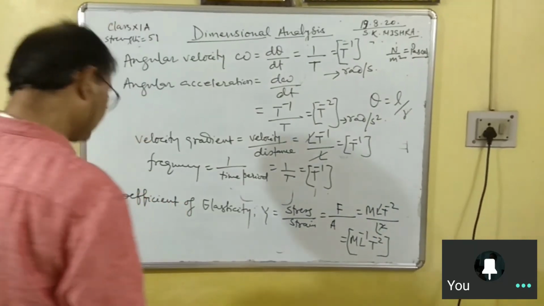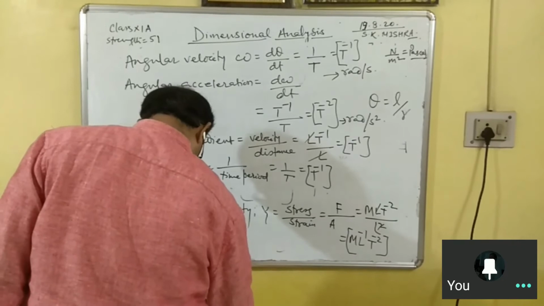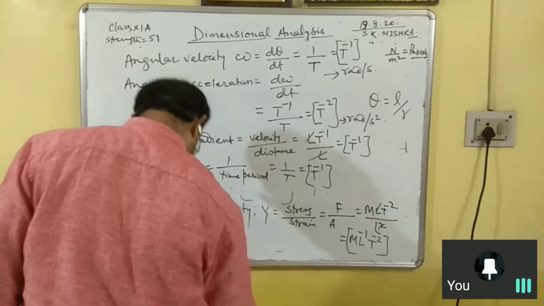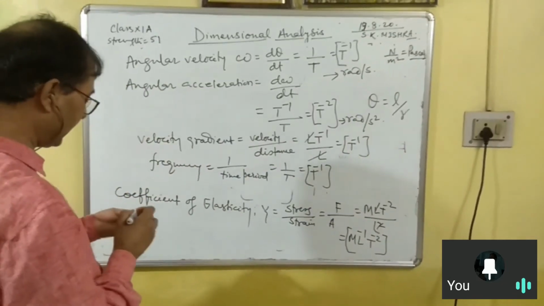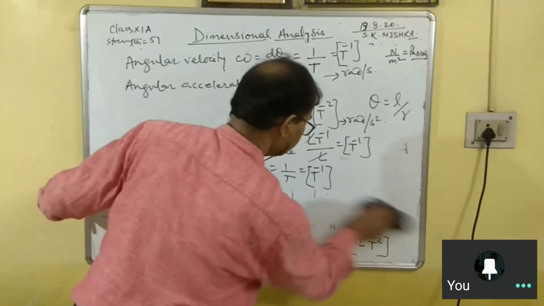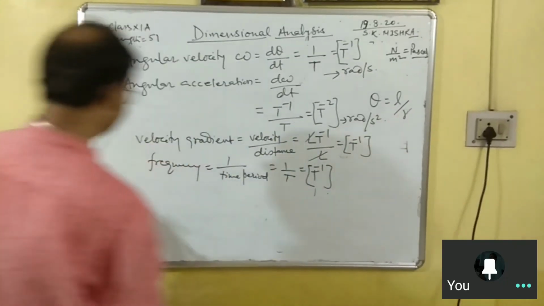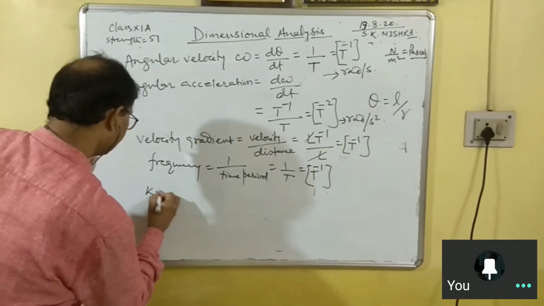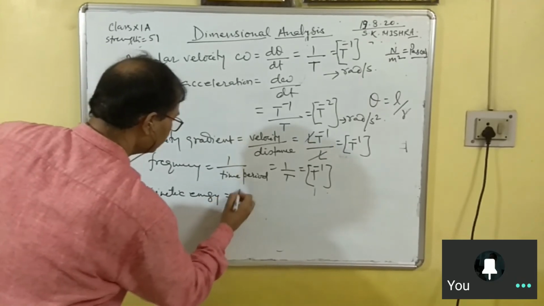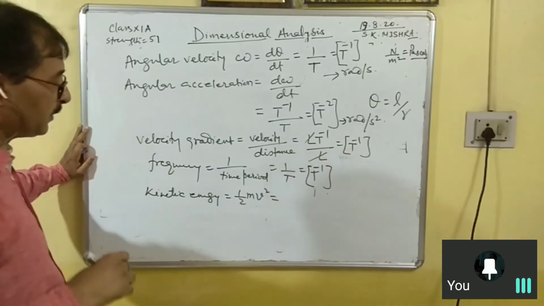The other physical quantities we will study one by one are kinetic energy and potential energy. They are all energy, and energy has the same dimension. Kinetic energy: you know the expression is half m v squared, from class 9 onwards.